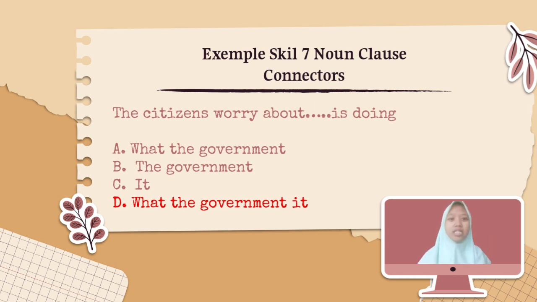And then D. What the government eat has no connector because it has two subjects. So the correct answer in this question is A, because to get the correct answer, the sentence sequence is subject and connector between two sentences, and A, what the government, has the connector what and the subject the government.